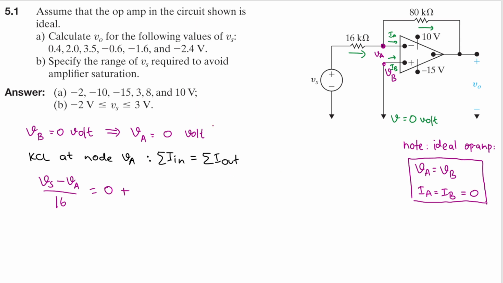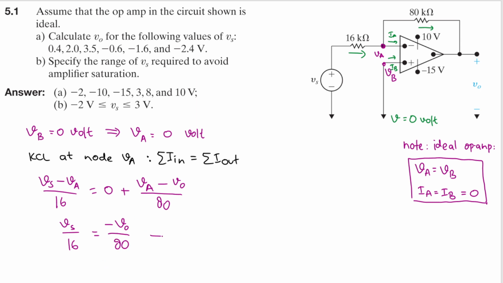And then plus VA minus V0, divided by the resistance between them, which is 80. But remember that VA is 0 volt, so we will have Vs over 16, because Vs minus 0 is just Vs. And then this one will be minus V0 divided by 80.